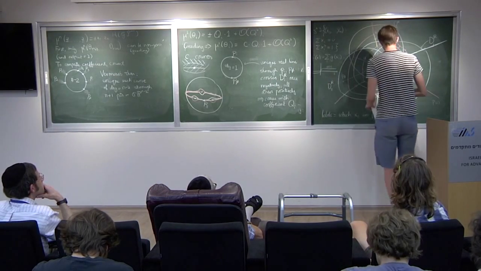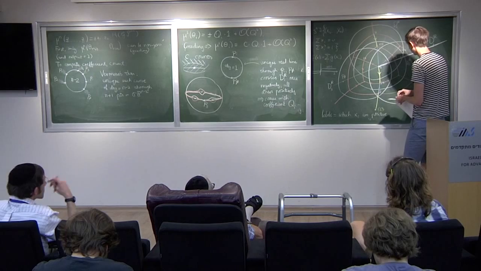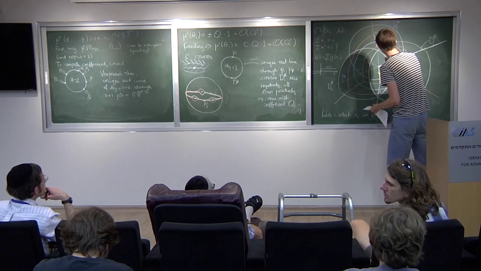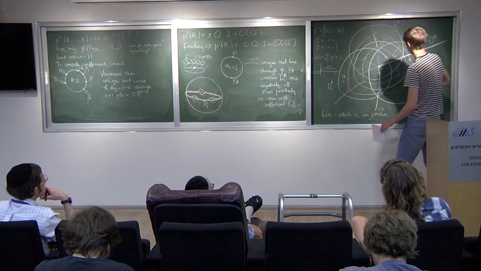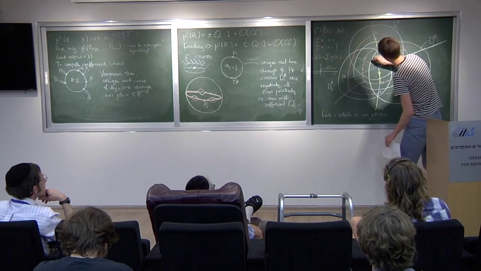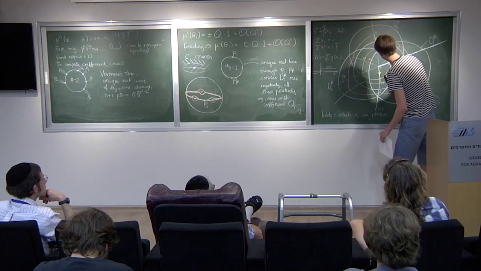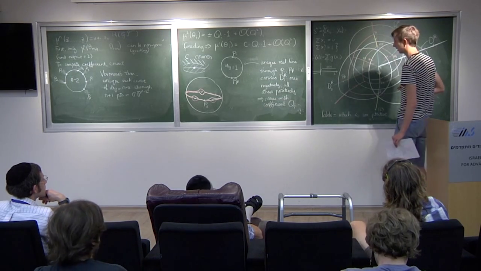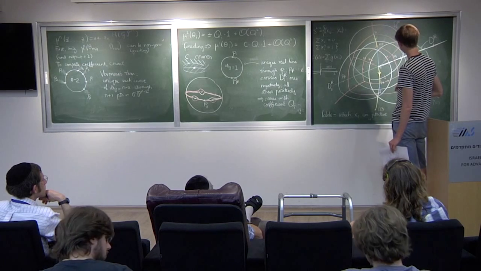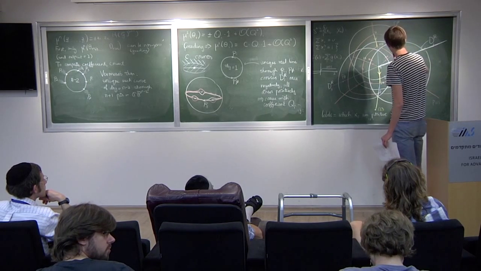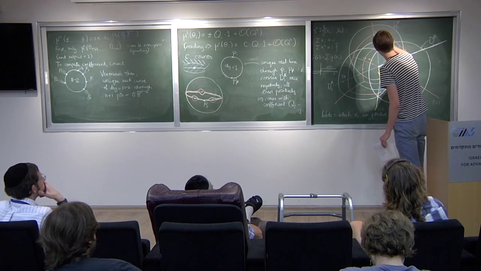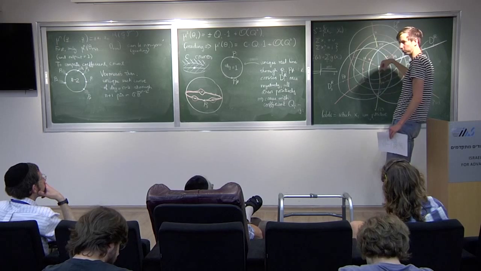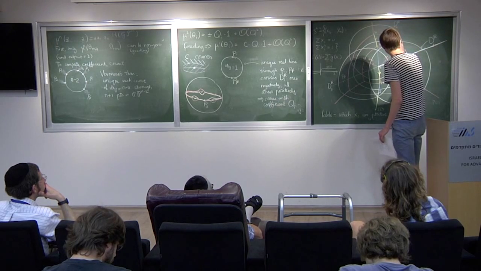So the Morse flow lines point in the direction going out, going across the divisor positively. So D1, D2, and D3 all point outwards. D4 points inwards.